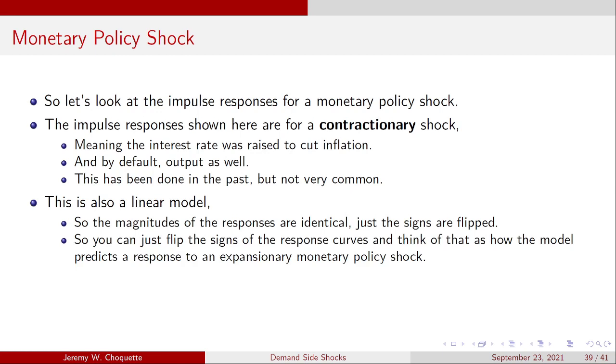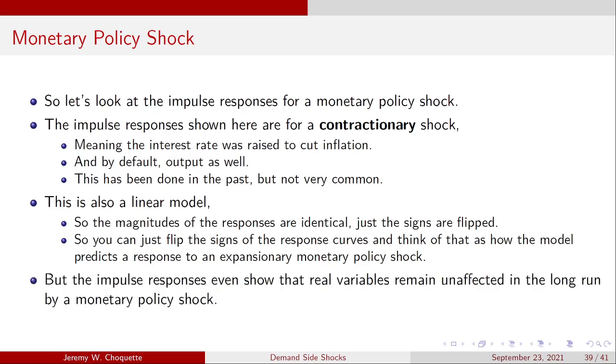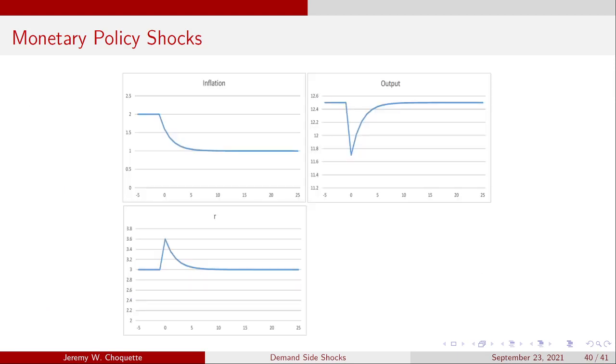So you can flip the signs of these response functions and think of that as how the model predicts a response to an expansionary monetary policy shock. But as we can see, the impulse responses even show us that the real variables remain unaffected in the long run by a monetary policy shock.